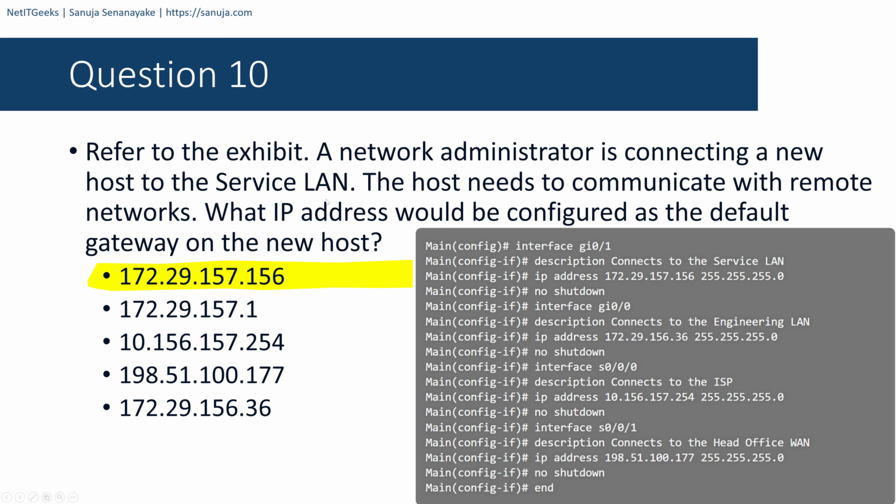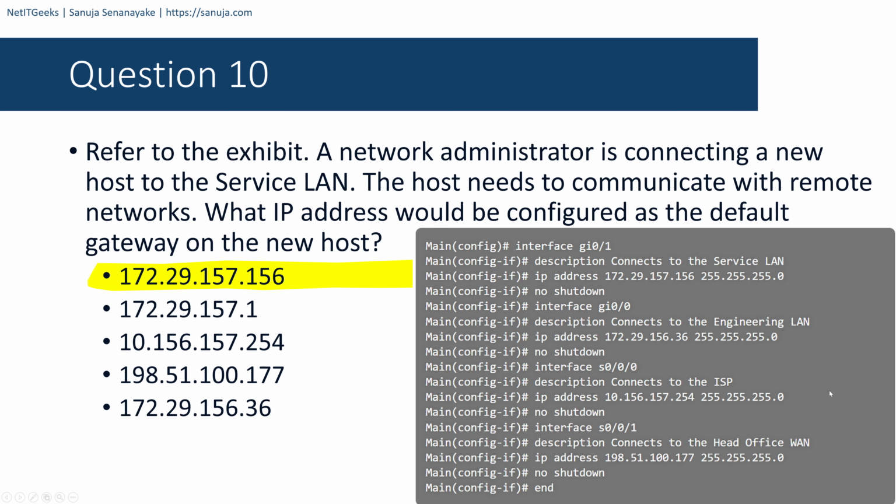Because we are connecting the device to the service LAN, the default gateway has to be the address on that interface, so it will be 172.29.157.156. So that's how you answer this type of question. There are a few questions similar to this later in my lecture, so keep watching.